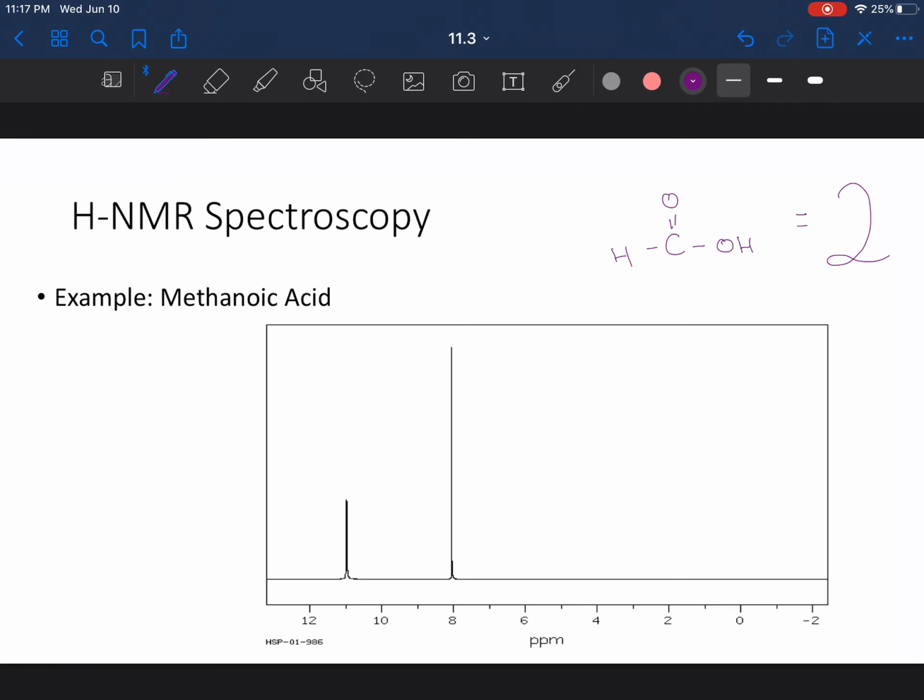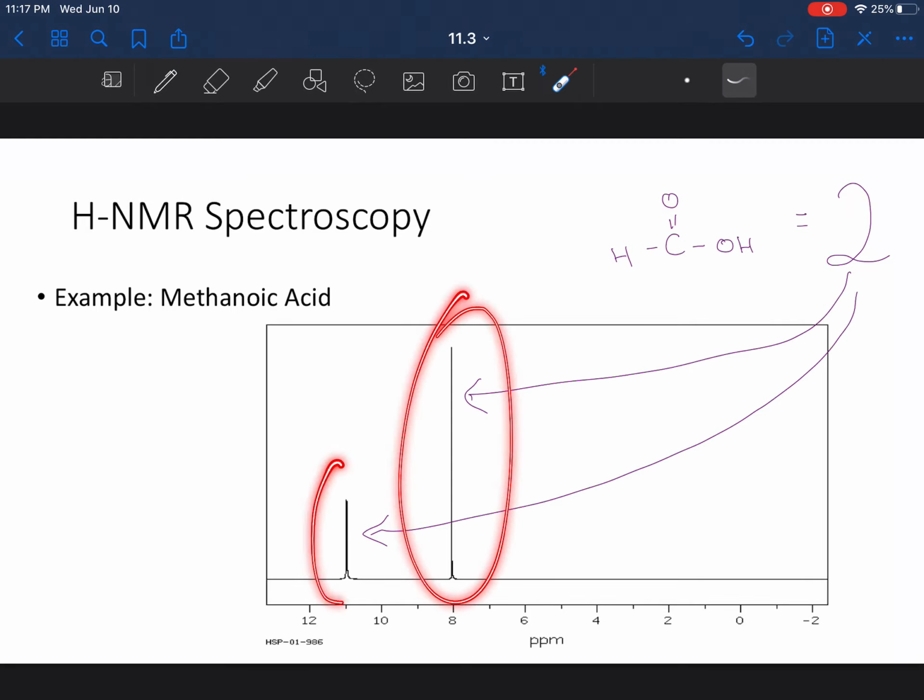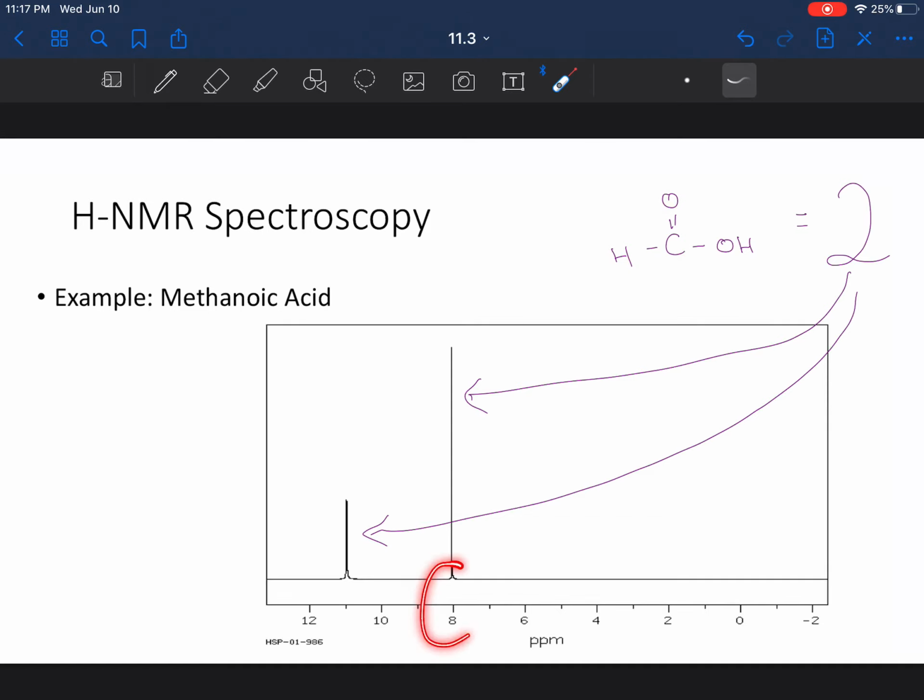Well, this 2 will result in 2 peaks. Each of these peaks represents a hydrogen environment. Cool, huh? Now, this peak is around 8, and this peak is around 11. All right.